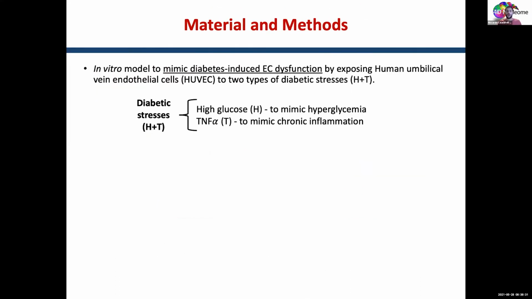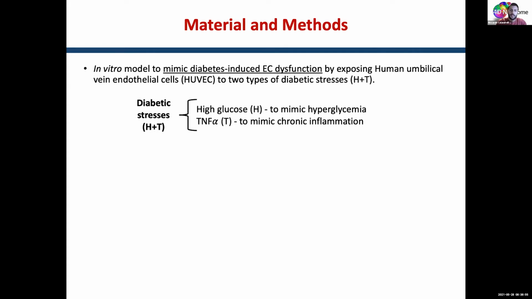Now, in order to achieve this goal, we established a HUVEC in vitro system to mimic the temporal progression from healthy to diabetic states by using a combination of 2 stresses. As I said before, one is high glucose, abbreviated with H, to mimic hyperglycemia, and the other is TNF-alpha, abbreviated with T, to mimic chronic inflammation.